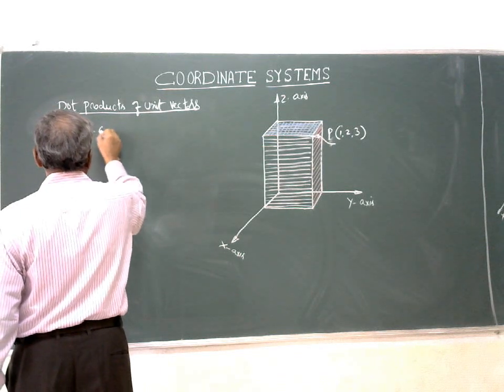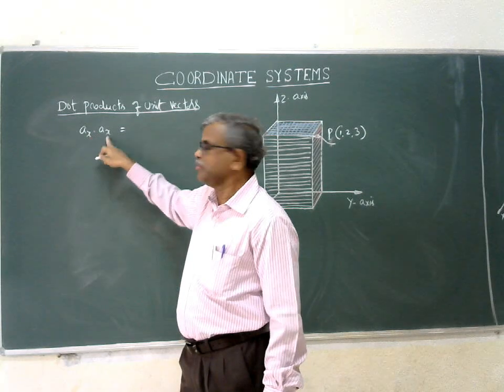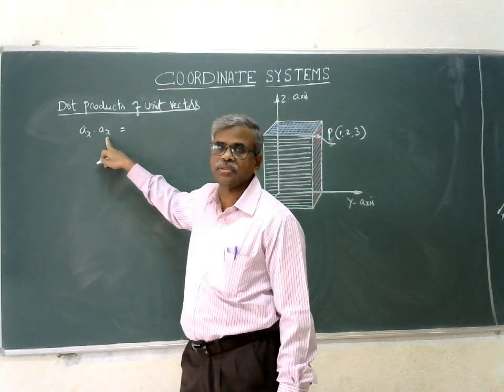Ax dot Ax: the angle between the same axis is 0.